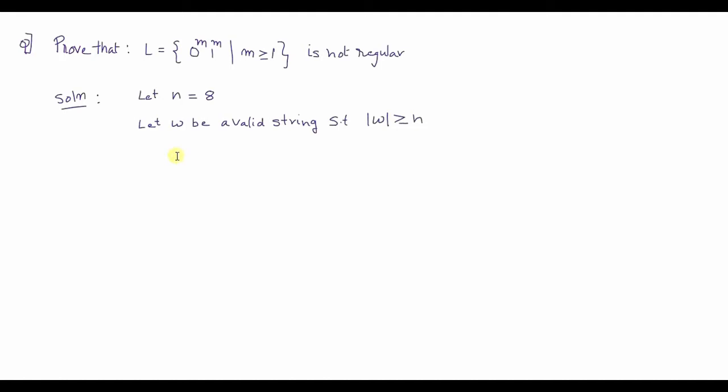Now in this case I will take the string w equal to 4 zeros followed by 4 ones. I am just assuming the value of n, and then I have to assume a string w, a valid string of the language, and I should make sure that the length of the string w is greater than or equal to n.